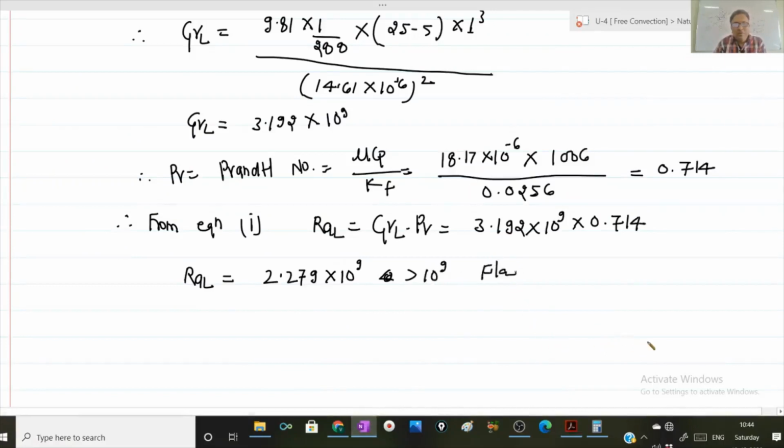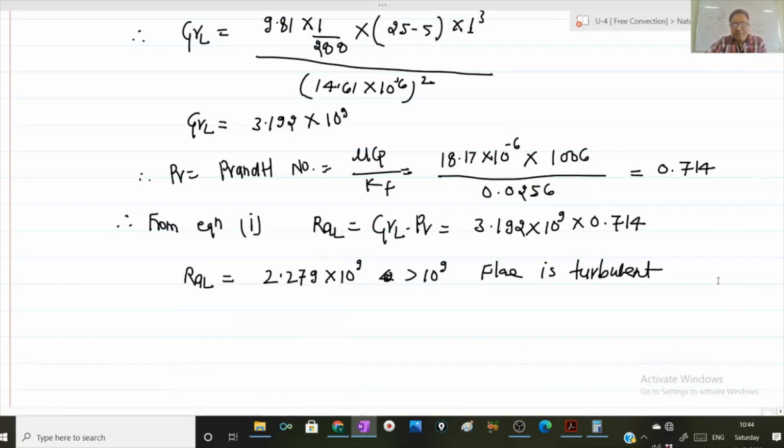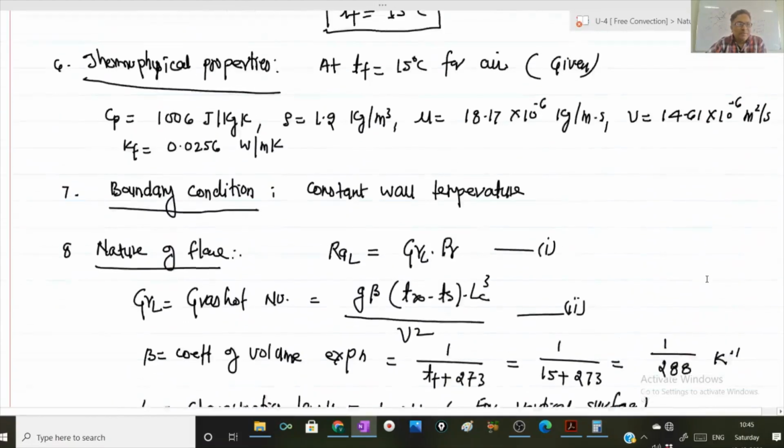So flow is turbulent. So this way we could calculate the value of Rayleigh number, and we could identify the product of Grashof and Prandtl number.